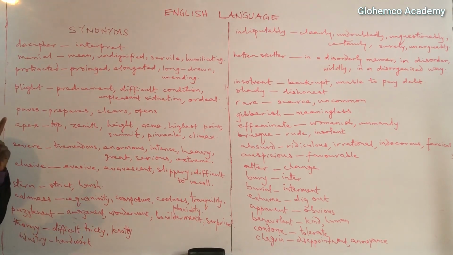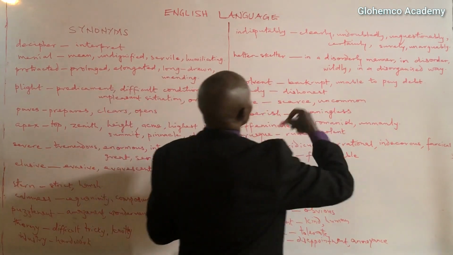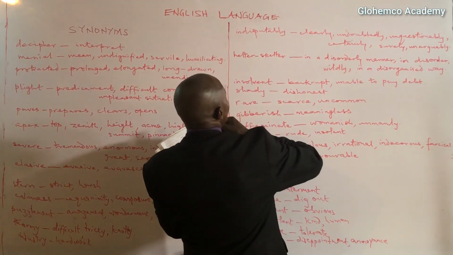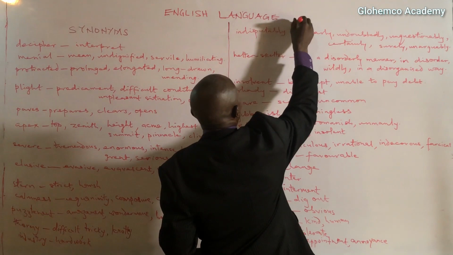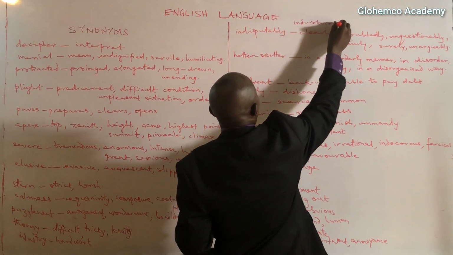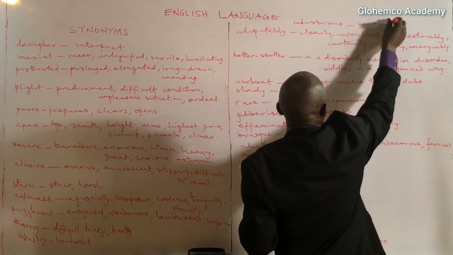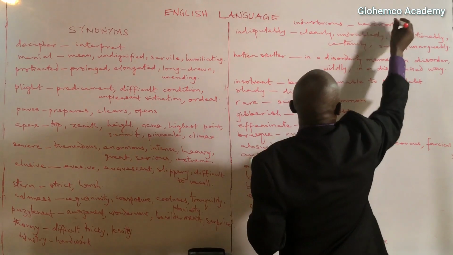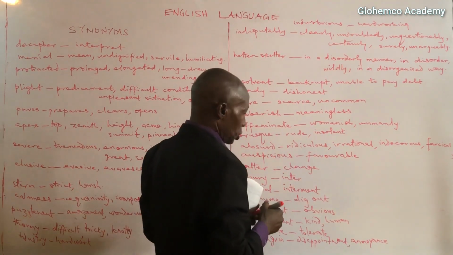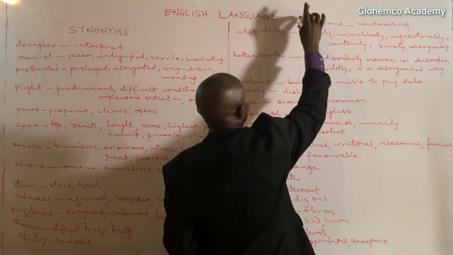Hard working in that sense is an adjective, and industrious is also an adjective. So as we have industry, which is a noun, we have industrious, which is an adjective.